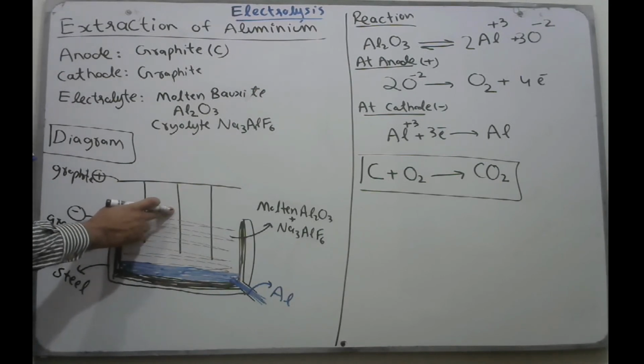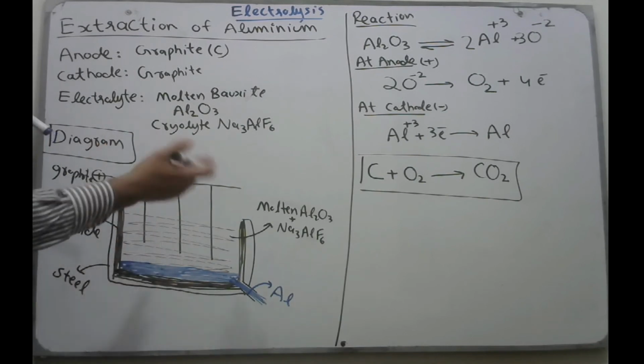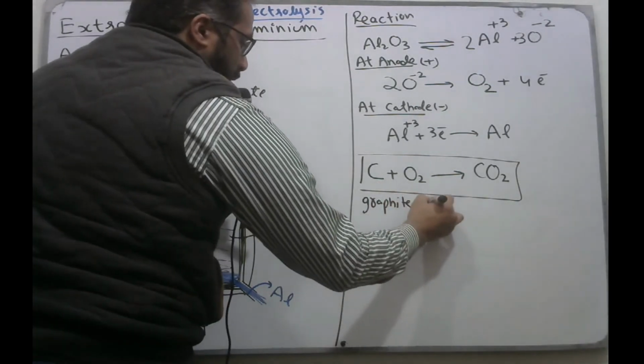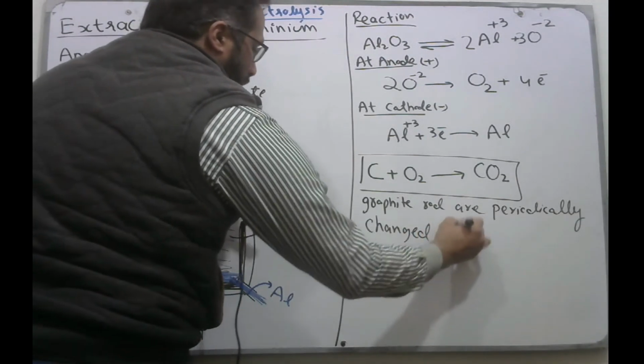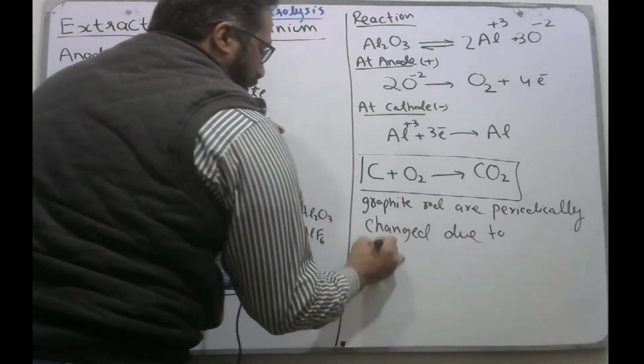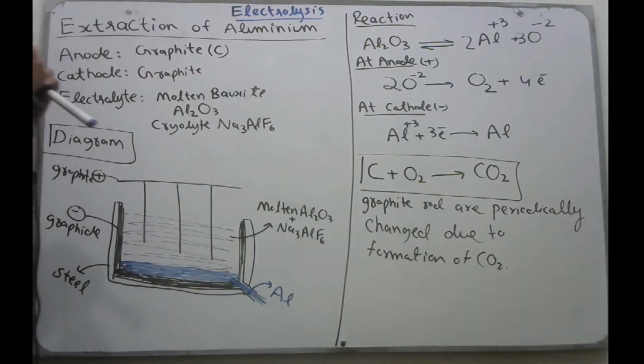In order to prepare aluminium, we should replace the graphite rods periodically. So we write: graphite rods are periodically changed due to formation of carbon dioxide. That's why this method is very expensive for extracting aluminium.